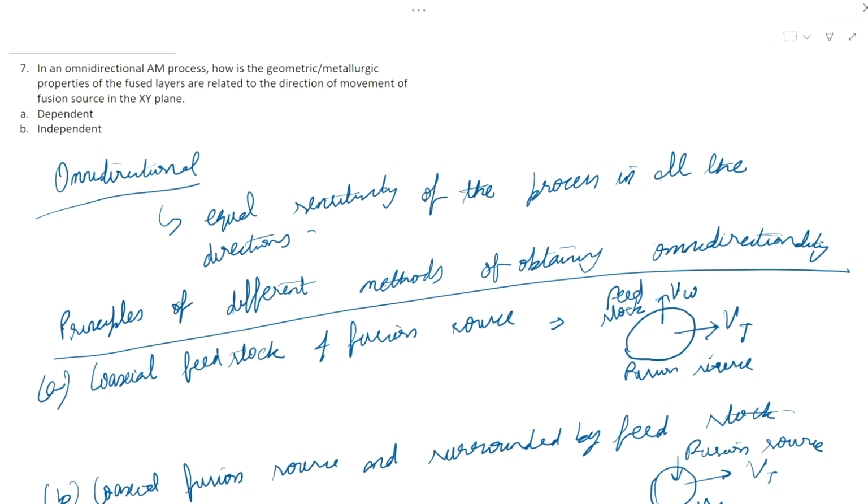So our question is, how are the geometric properties of the fused layers related to the direction of movement of the fusion source in the XY plane? Here we can clearly see that the geometry of the fused layers is independent of the direction of movement of the fusion source in the XY plane.